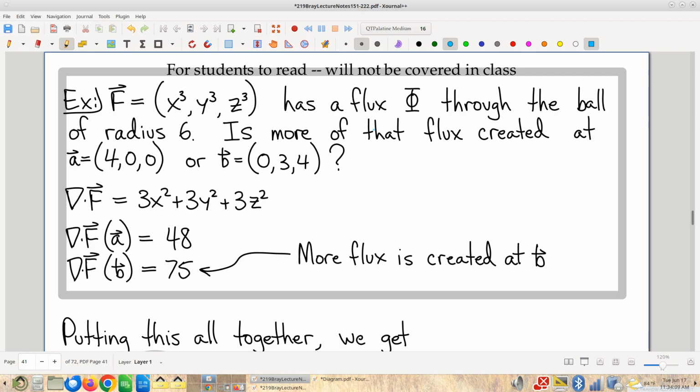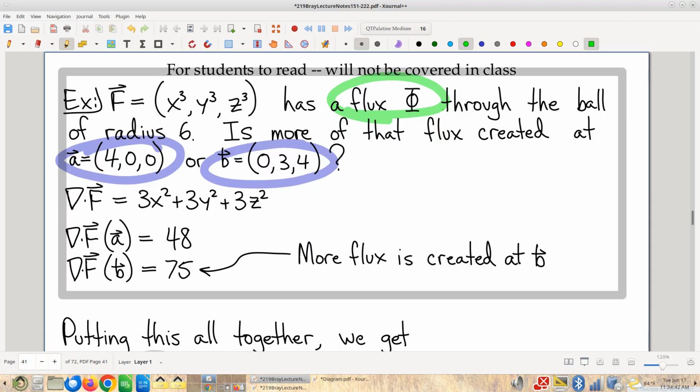And so, same thing here, weirder, but just as valid. If you want to know between these 2 points, where is more of the flux happening? Is there more flux happening at A, or is there more flux happening at B? Counterintuitive, because again, flux happens on the boundary. Flux is computed on the boundary, feels like it ought to be thought of on the boundary. I'm claiming it happens in the interior.